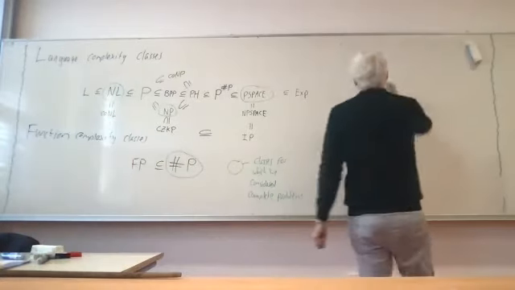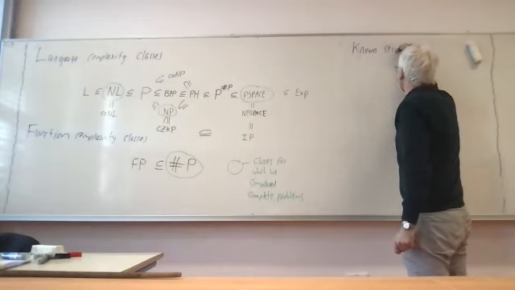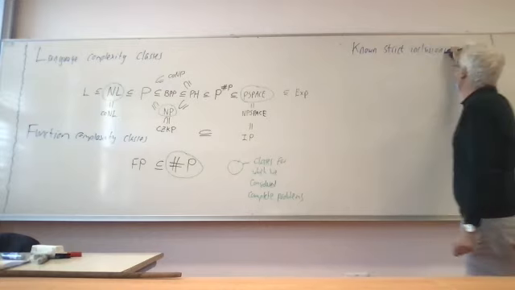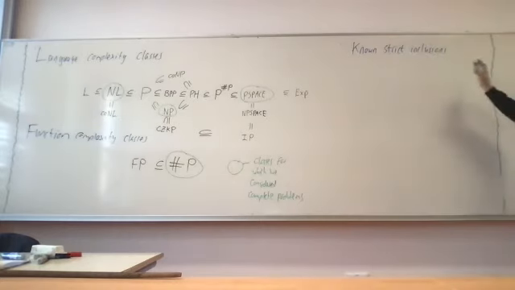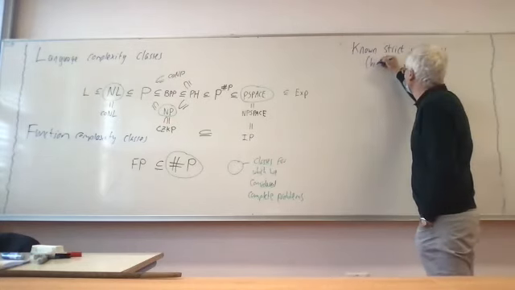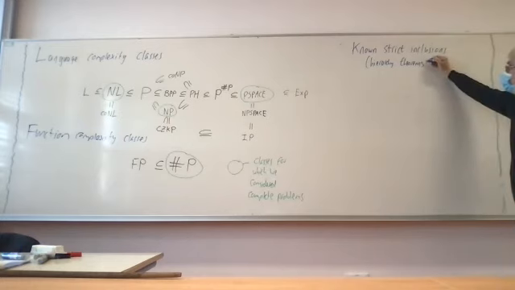So the known strict inclusions, I think there are basically two. I didn't spend time on the mathematics that's required to show these strict inclusions. These are called hierarchy theorems. It's interesting, based on universal Turing machine and diagonalization.